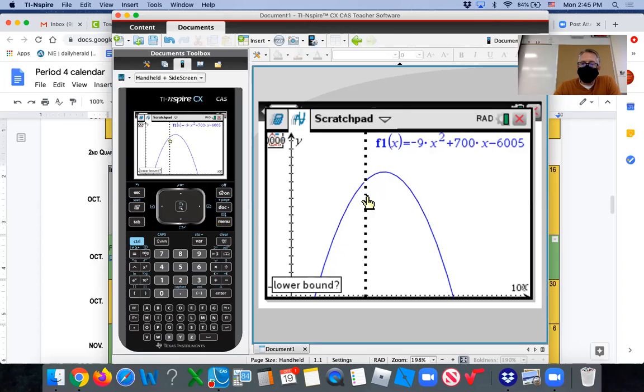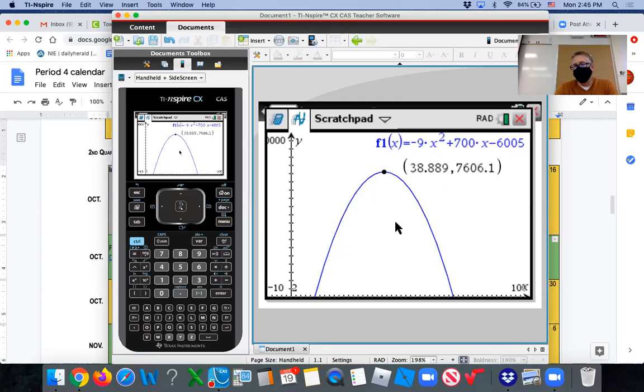So I go to the left of it and click, move to the right of it and click. So what these points mean, this means that if I make 38.8 or 39 widgets, I make the most money.